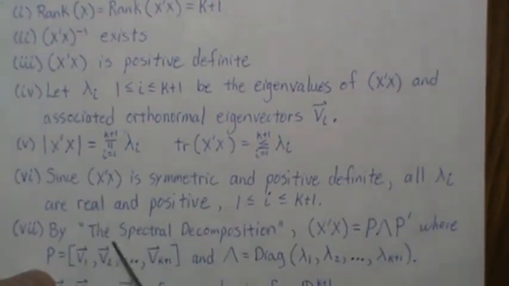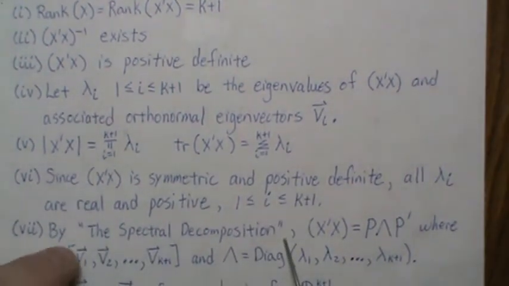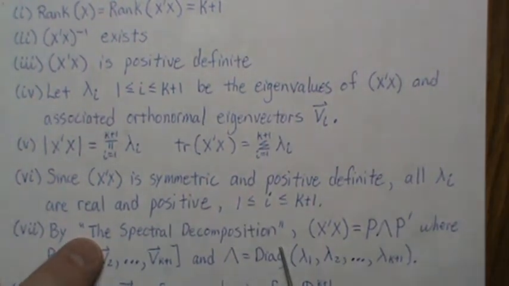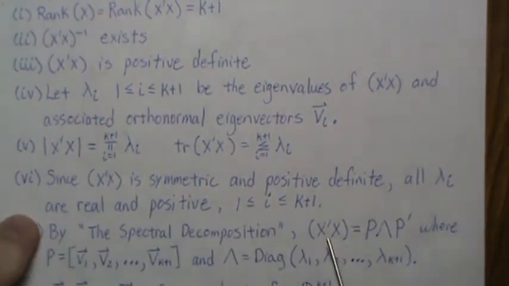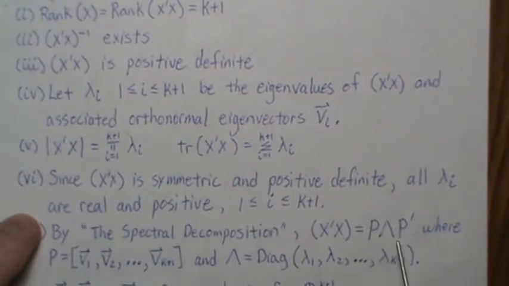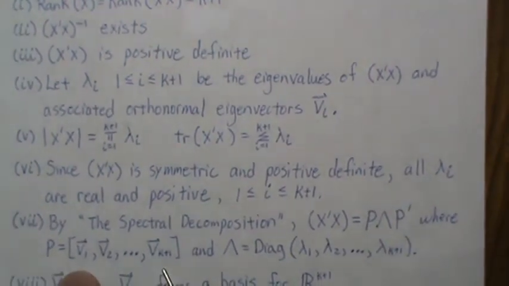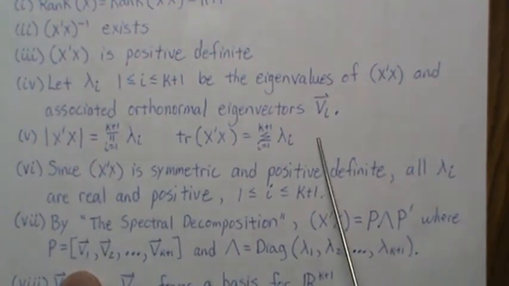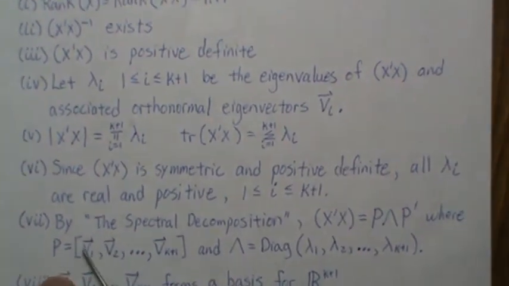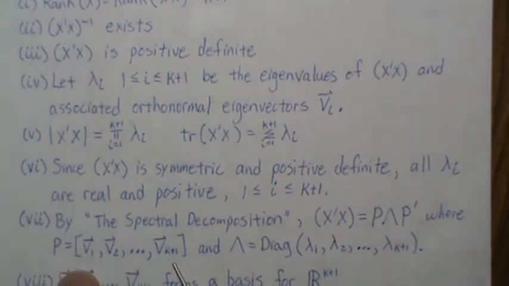Now by the spectral decomposition theorem, and I have a video called the spectral decomposition theorem, we can represent x transpose x as P lambda P transpose, where P is made up of the orthonormal eigenvectors. So this is vector 1, 2, 3, all the way to k plus 1, and they're all independent.